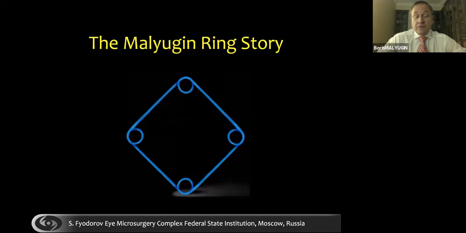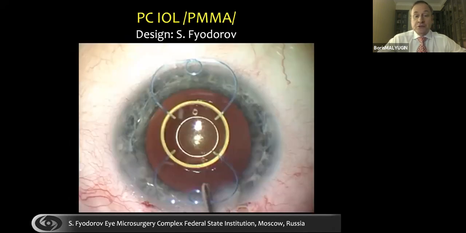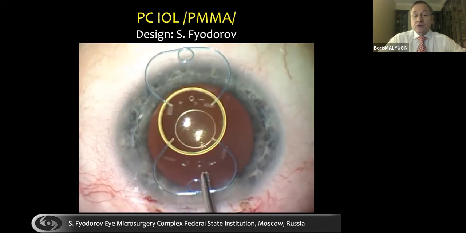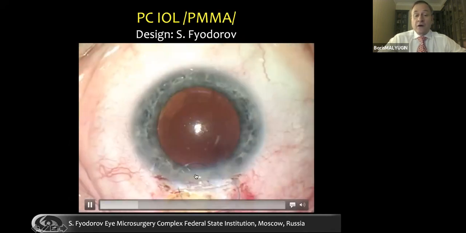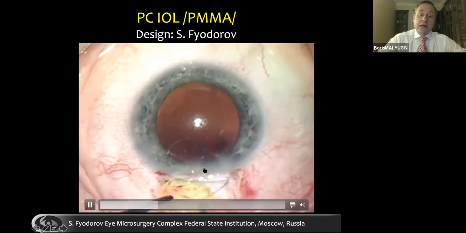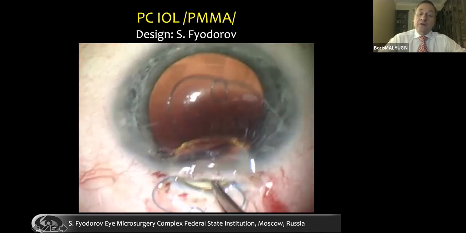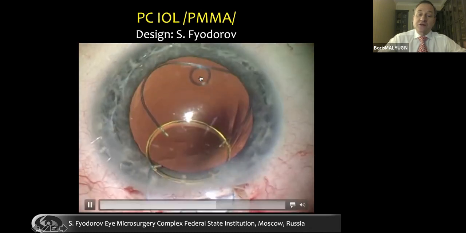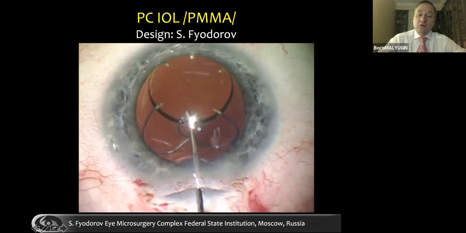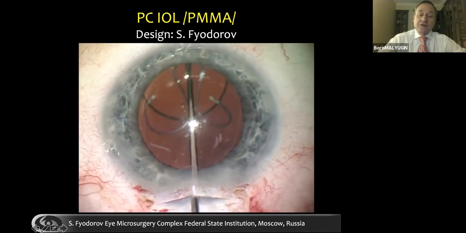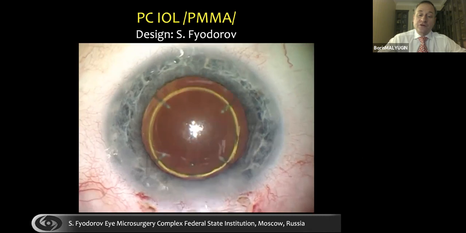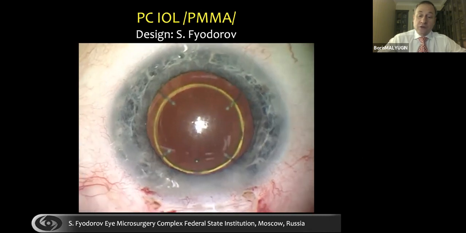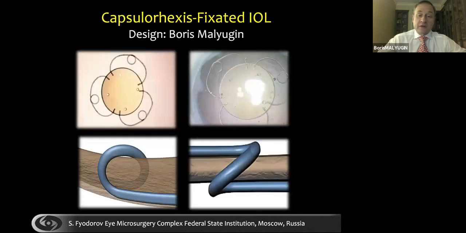So this is the device that I introduced into clinical practice more than 10 years ago, which is based on the concept of circular elements that are located in the corners of this device. And these circular elements come from the lens that we were using for many years in the Fyodorov institution. That was a rigid PMMA lens that was used for extracapsular cataract extraction.